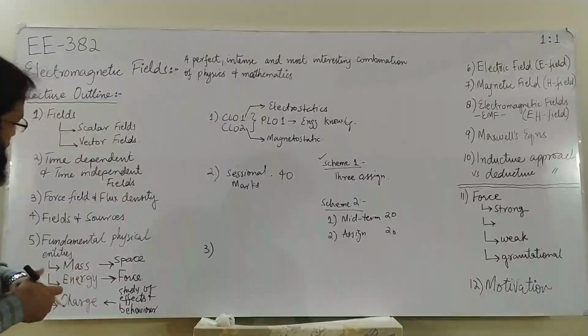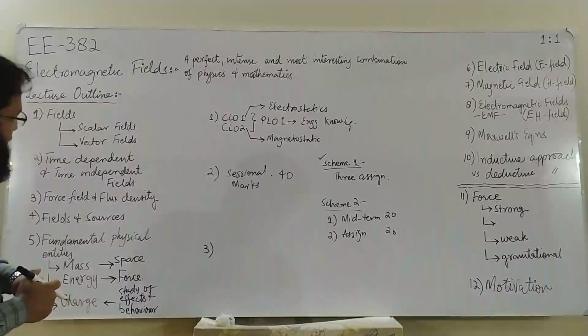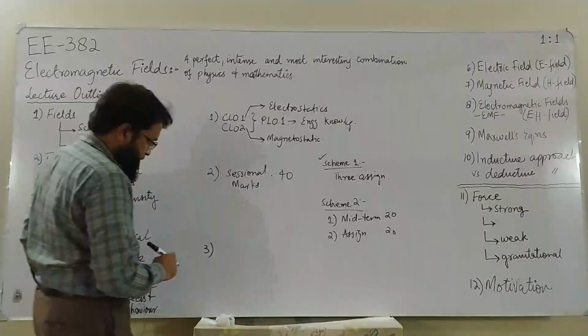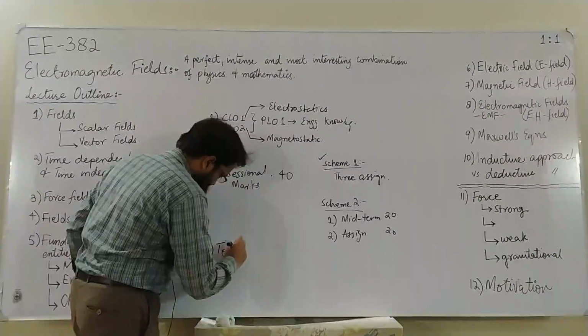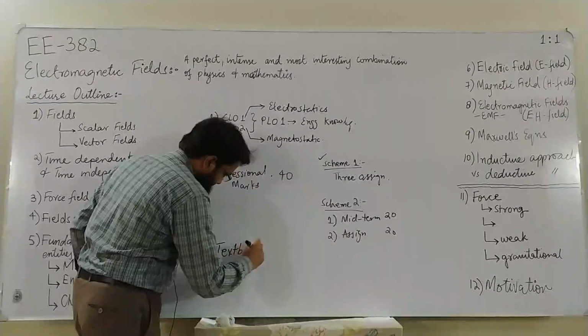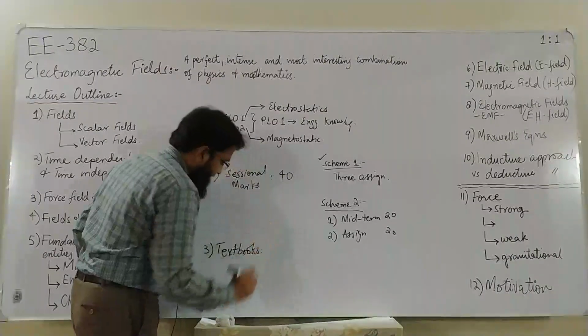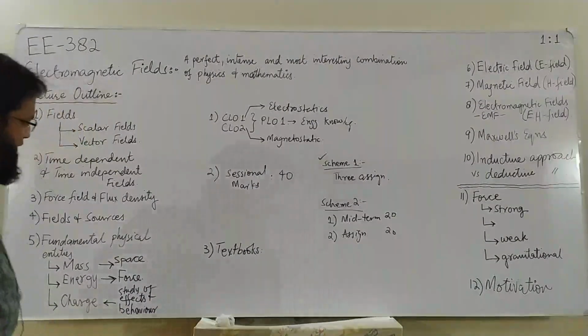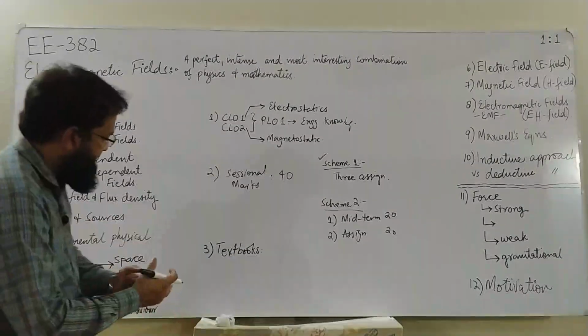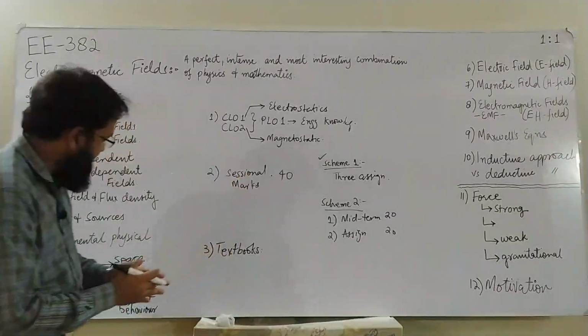All right. So administrative issue number 3 is textbook. These are the things which are normally talked about in the initial lectures of every course, but I don't want to waste time discussing a lot on that.